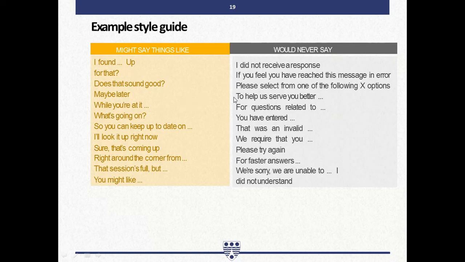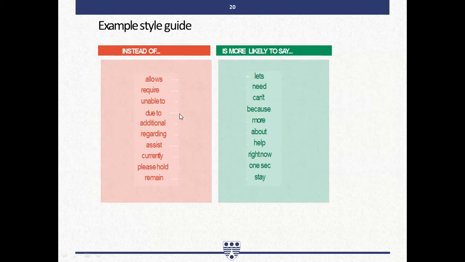I'll send you this slide, some of the things you can say. So instead of saying other things that sound robotic, you can say maybe later, and stuff like that. You can also look at it in word by word level. Instead of saying regarding, you can say about, which is cool and less robotic.